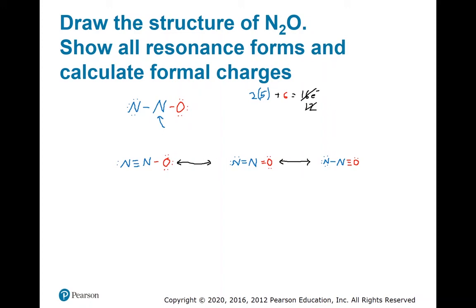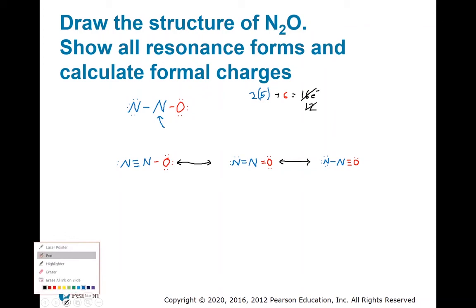Now, if we want to compare how well each of these represents the true structure of nitrous oxide, N2O, we can look at the formal charges on each atom and compare and contrast them, to see where our negative and positive formal charges end up and whether they're idealized.